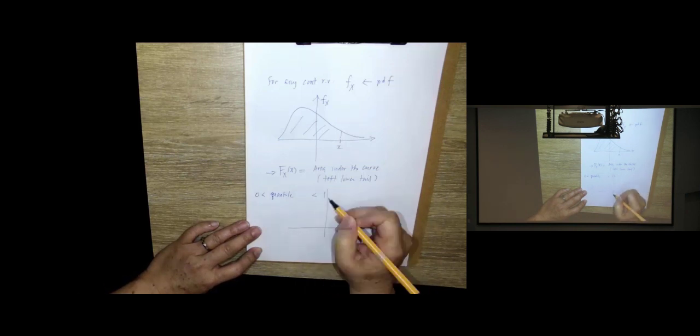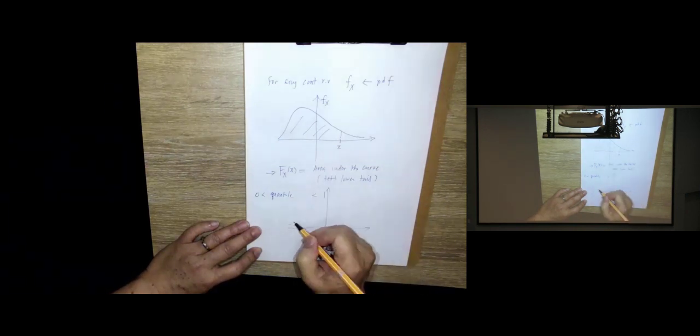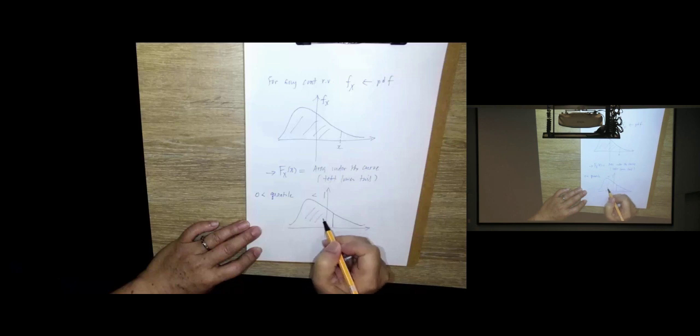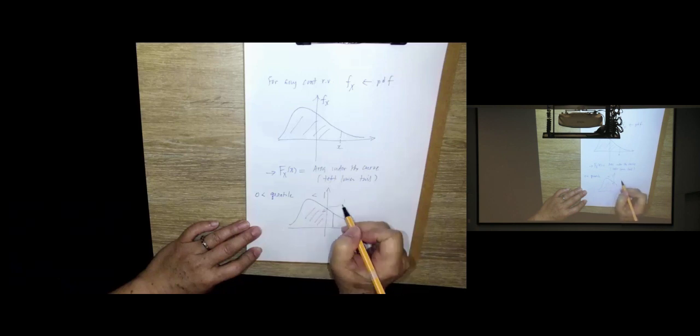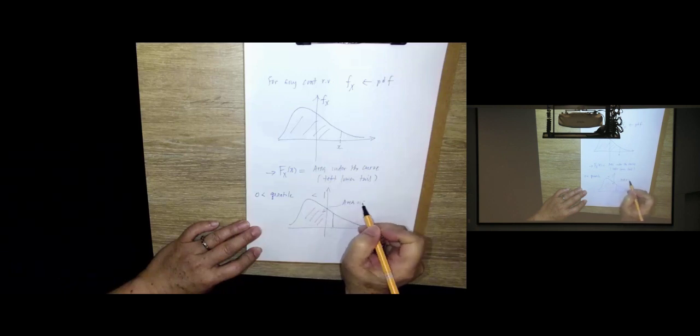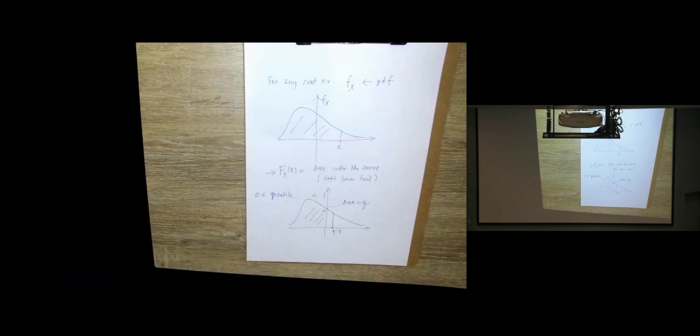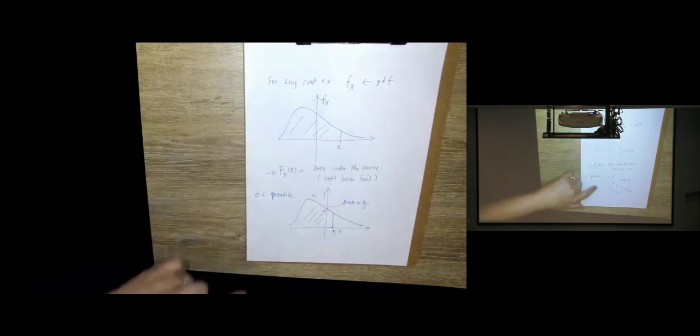I still have the same curve, all right? But now I insist that this area equals q. And what I'm interested in is, what is this number? So in a way, the two questions here are inverse of one another.